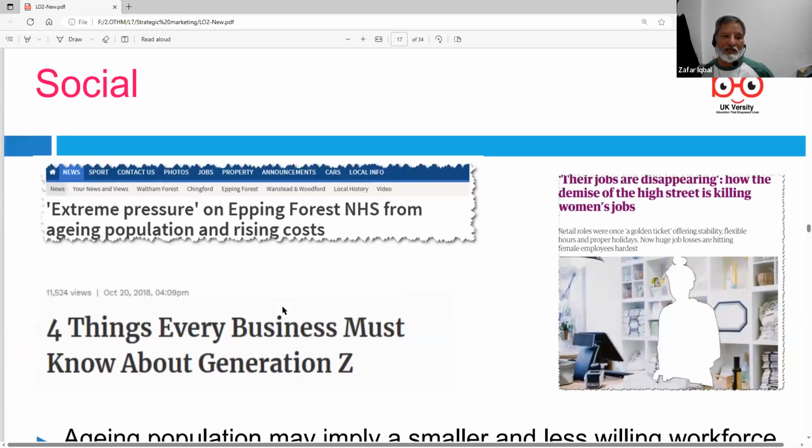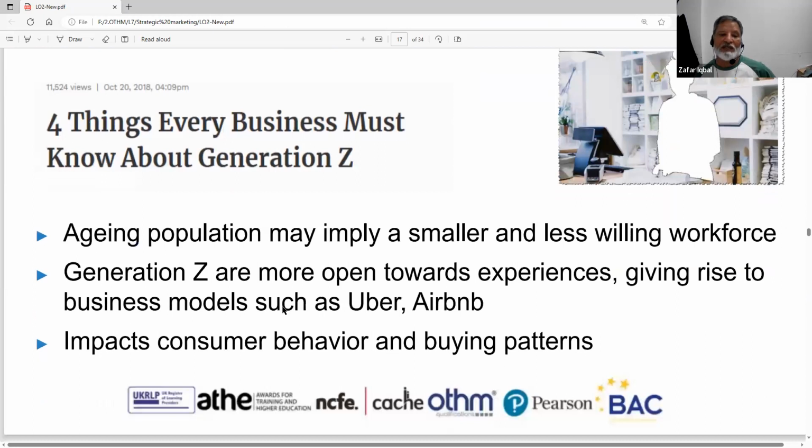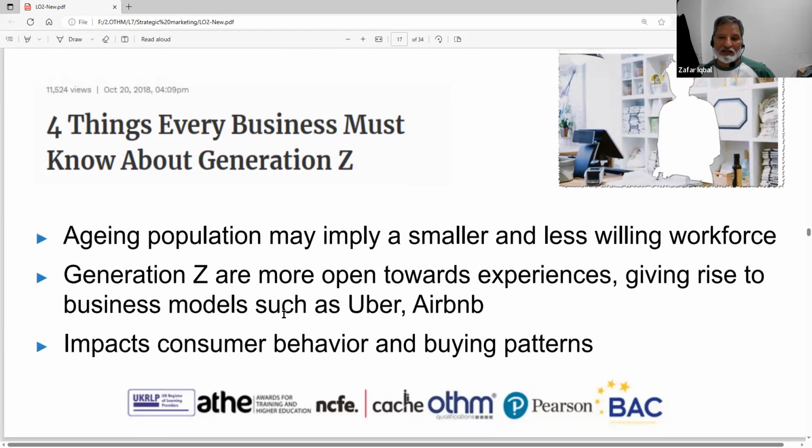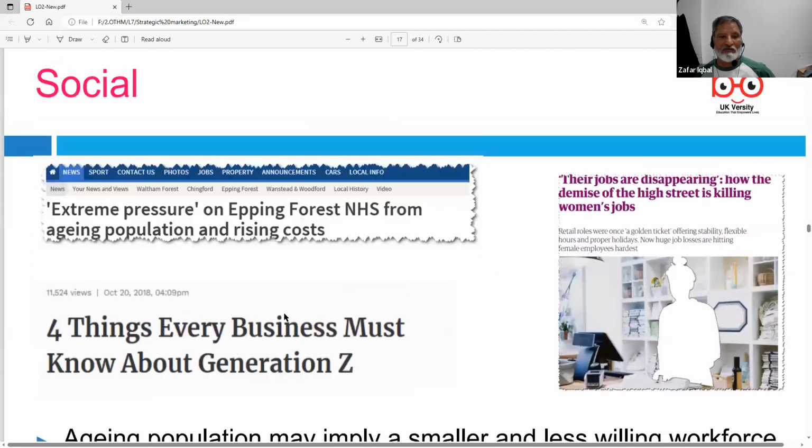Social factors, like for example an aging population, consumer behavior and buying patterns, people's incomes falling, people's confidence falling, the skills level of people coming down, the rising costs of medical care, or the rising costs of caretaking, and any other things.